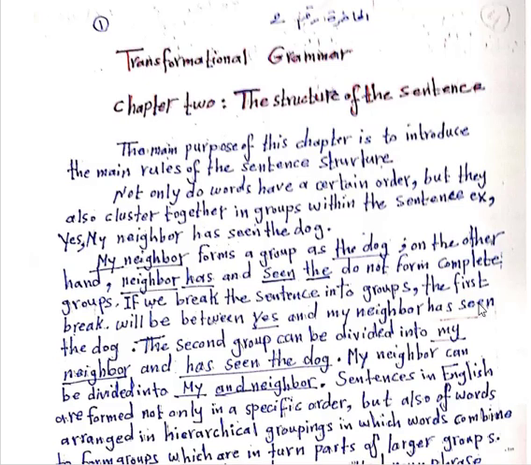The second group, that means without yes, can be divided into my neighbor and has seen the dog. My neighbor is one part of our sentence, and has seen the dog is also a separate part.